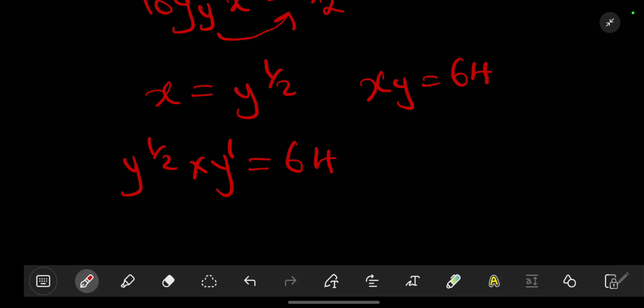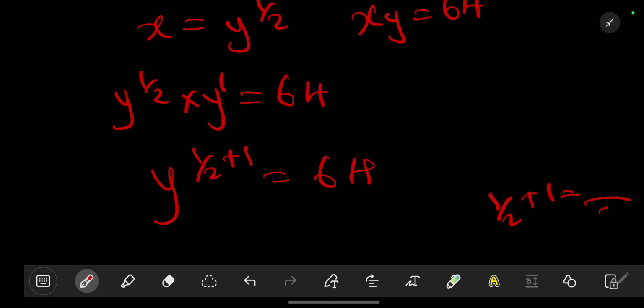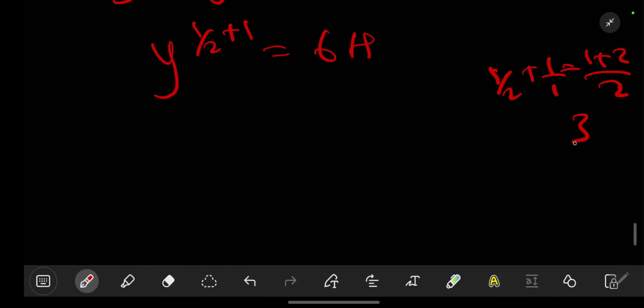We are going to pick one base and add the powers. So we have half plus 1, which should be equal to 64. So half plus 1 will give us, with common denominator 2, 2 divided by 2 is 1 times 1, that's 1, plus 2 divided by 1 is 2 times 1, that's 2. So we are going to have 3 over 2.